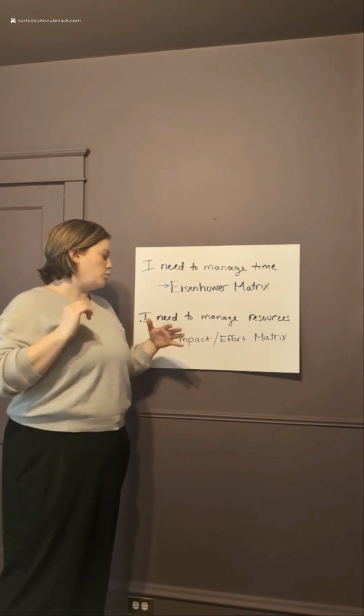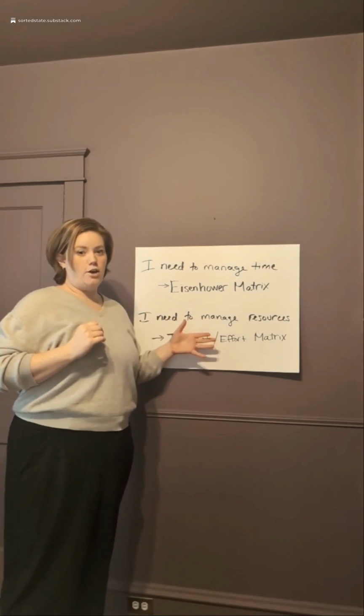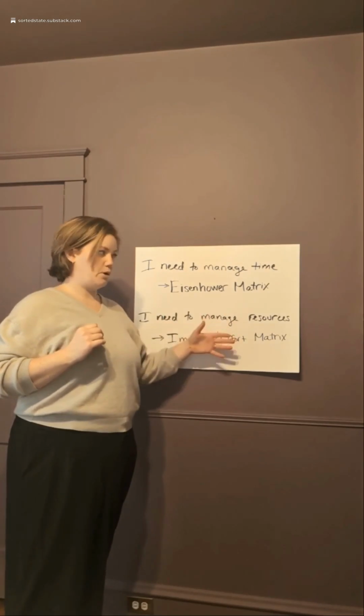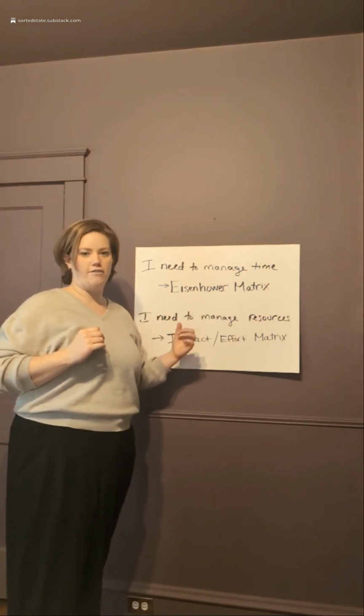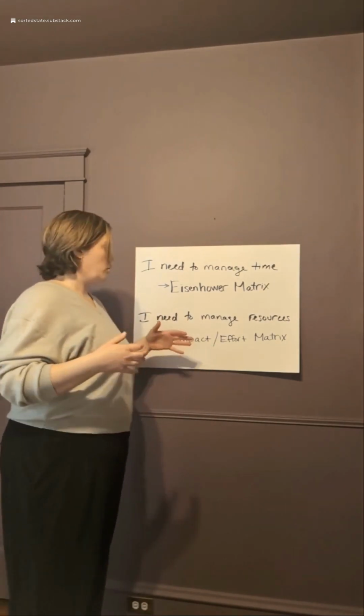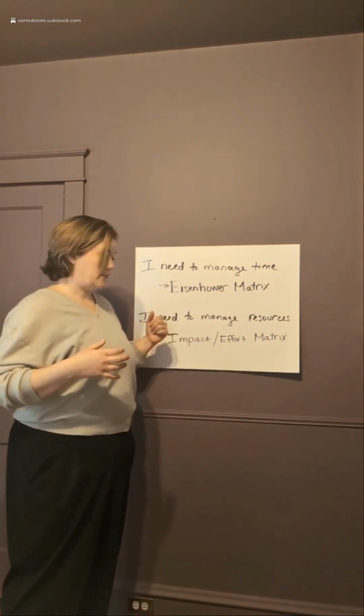In that case, you might want to look at an impact effort matrix, right? So this is looking at the value for the output based on the resources that you have. And resources could be things like time, but it can also be money. So both of these tools are really useful. I'm going to go through some specific use cases.